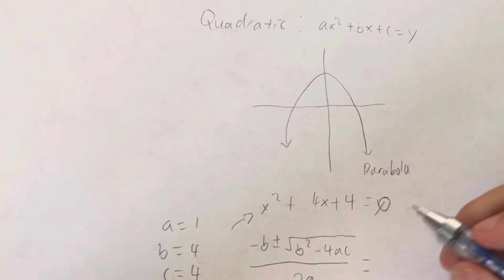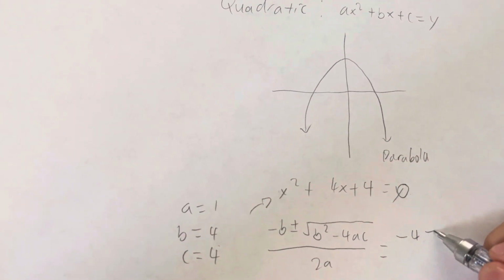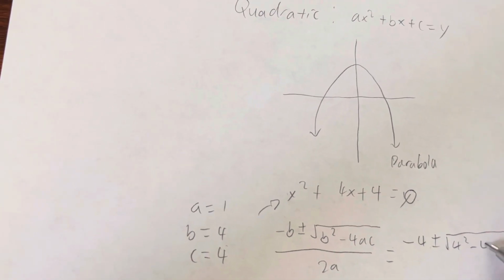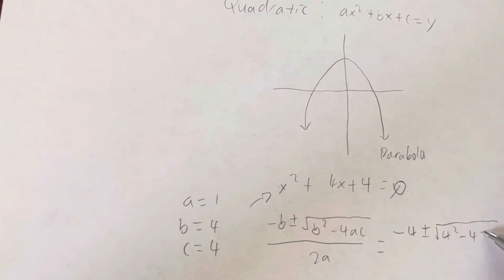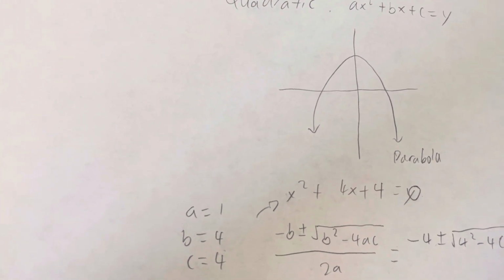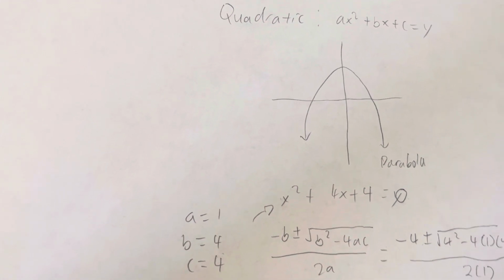So then you would just plug it in here. We have negative 4 because b, plus or minus the square root of 4 squared minus 4 times 1 times 4, over 2a, which is 2 because it's 2 times 1.